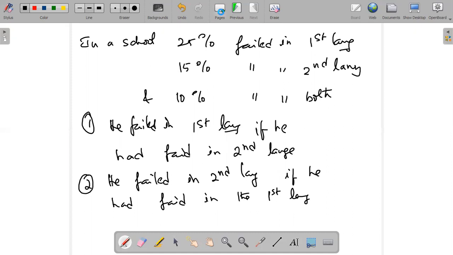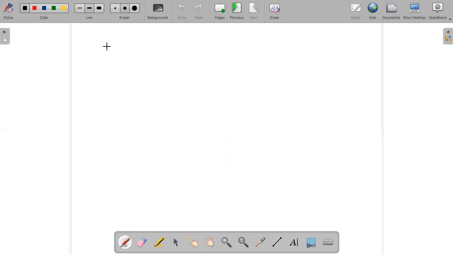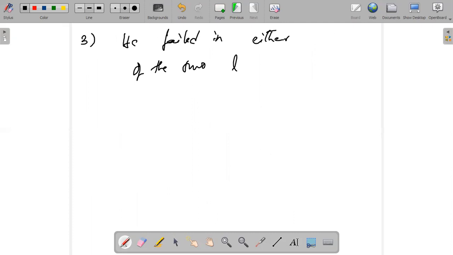And continued with the problem. He failed in either of the two languages.